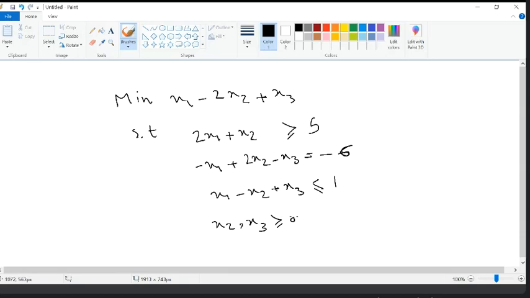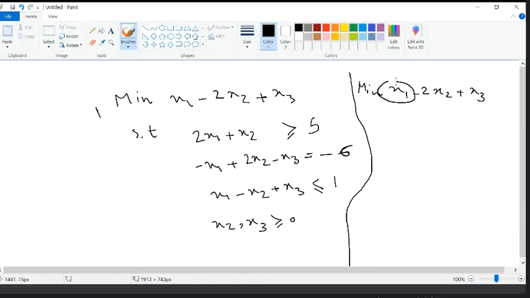We change this problem to a standard form. For the standard form, we have minimize x1 minus 2x2 plus x3. This must be changed: 2x1 plus x2 minus s1 equal to 5. This is negative.